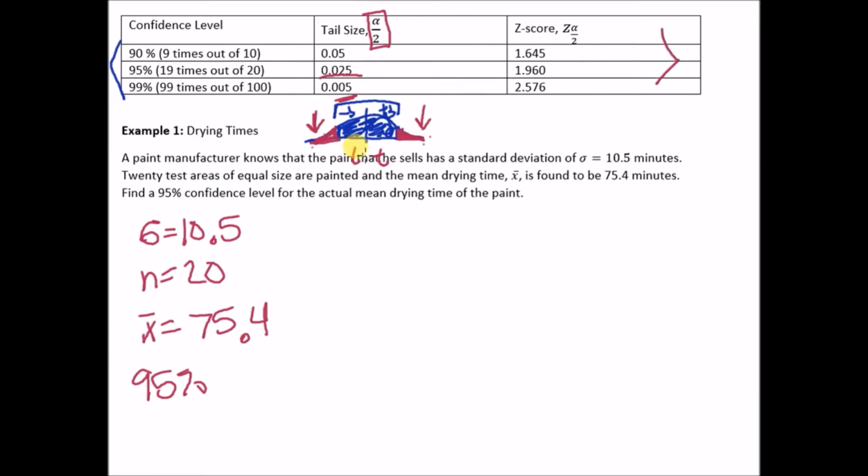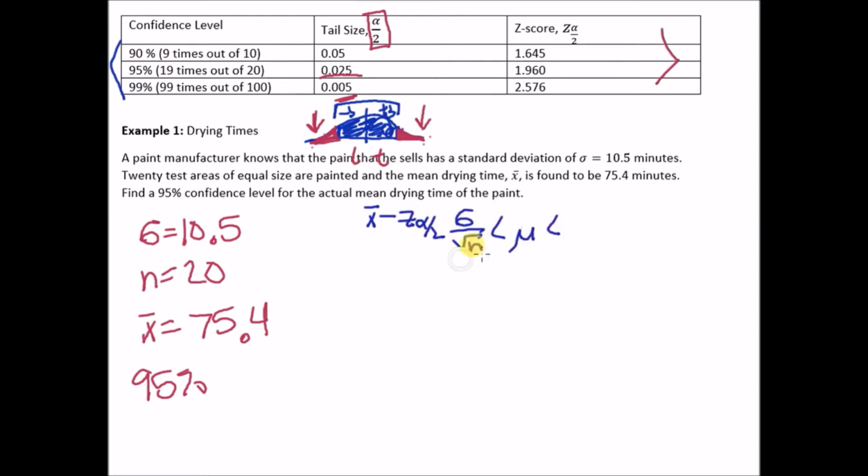So if we refer back to the equation that we have, what we have is x bar minus z, the z value from the chart of one of the tails, times sigma over root n.